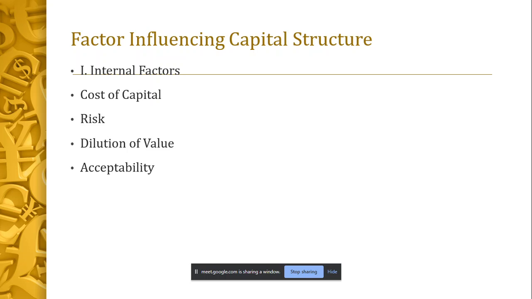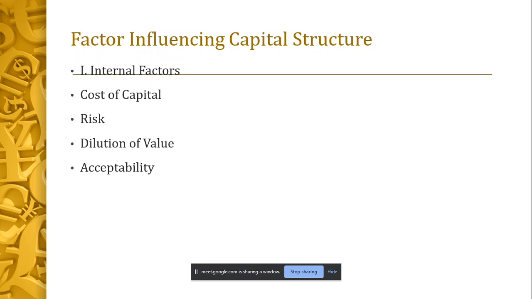They can come up with any good idea or promotions regarding their organization, but until the investors are willing to invest, our organization can never borrow from outsiders. That is where acceptability on the part of the investor becomes important.